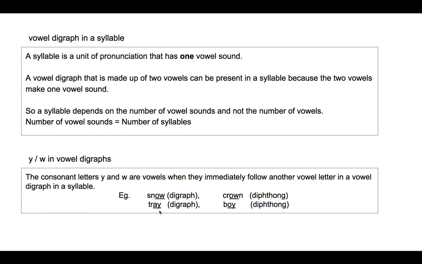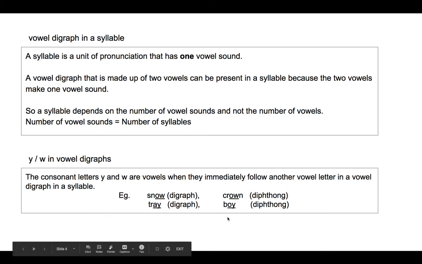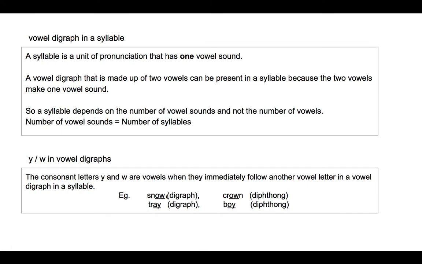Here Y follows the vowel A. Crown. Here W follows the vowel O. Boy. Here Y follows the vowel O. So in all these examples, the letters Y and W are considered as vowels.